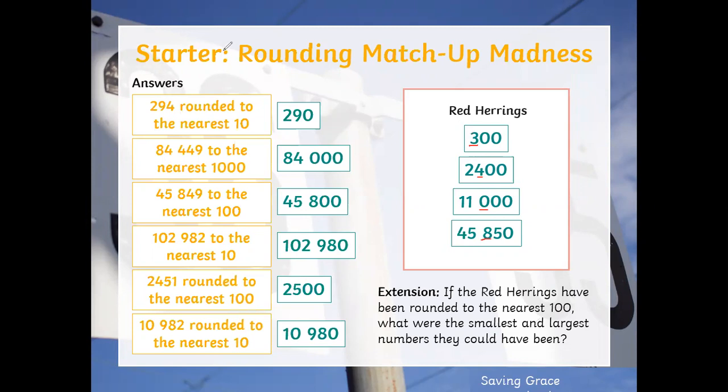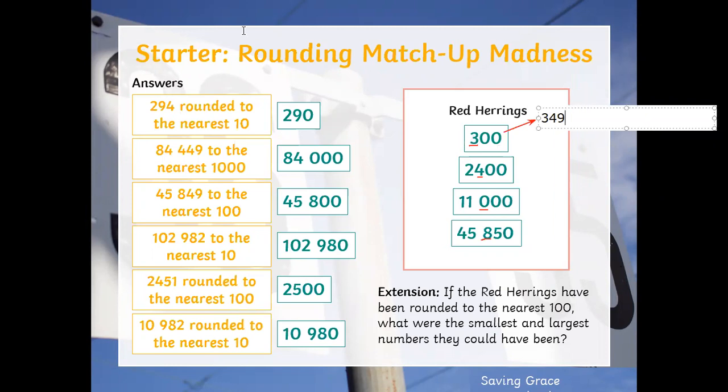If we look at 300, it was rounded to the nearest 100. What was the largest value it could have been to get to 300? It could have been 349.